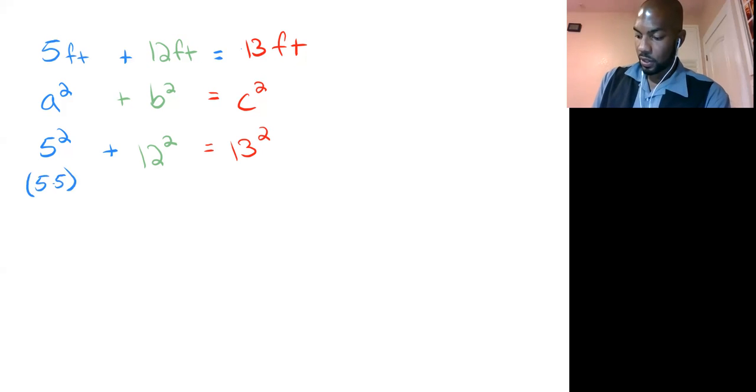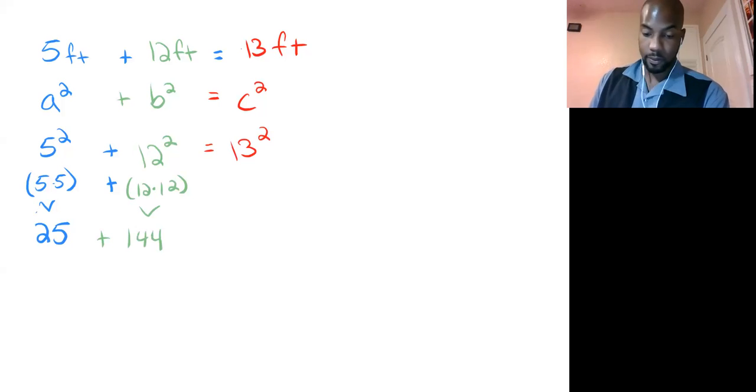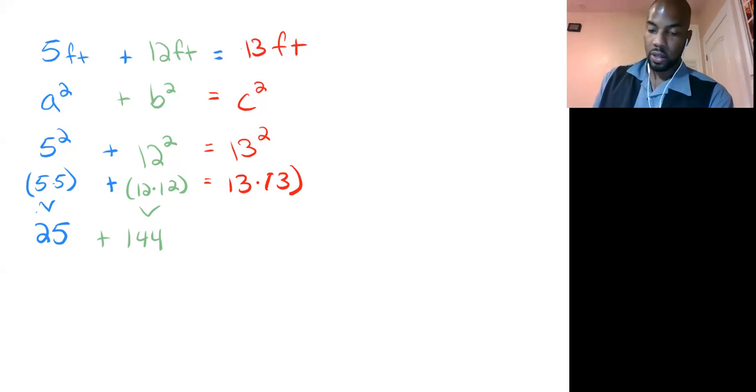I'm just going to keep it blue for a second so I don't have to keep switching. 5 times 5 is 25. Plus 12 squared is 12 times 12. 12 times 12 is 144. And then we have 13 squared, which is 13 times 13. 13 times 13 in all places in the universe is 169.